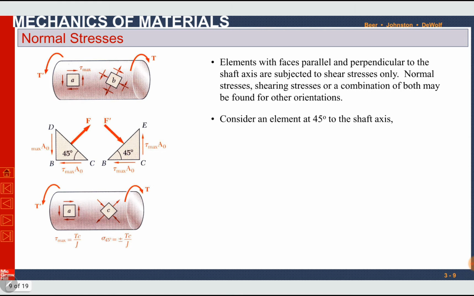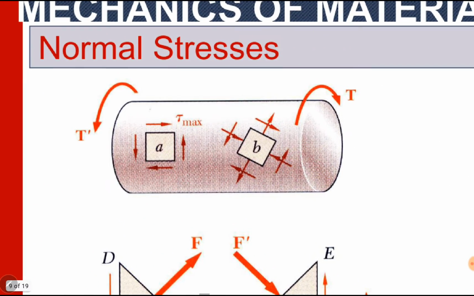Moving further, now we have established that if the surface of a shaft element is parallel or perpendicular to the member axis or shaft axis, like element A, the two surfaces of this element are either parallel or perpendicular to the member axis.